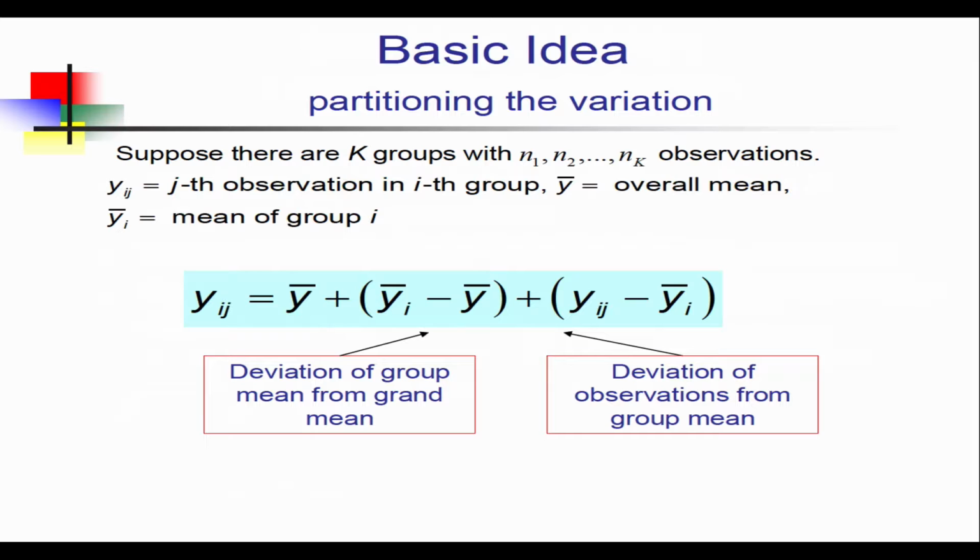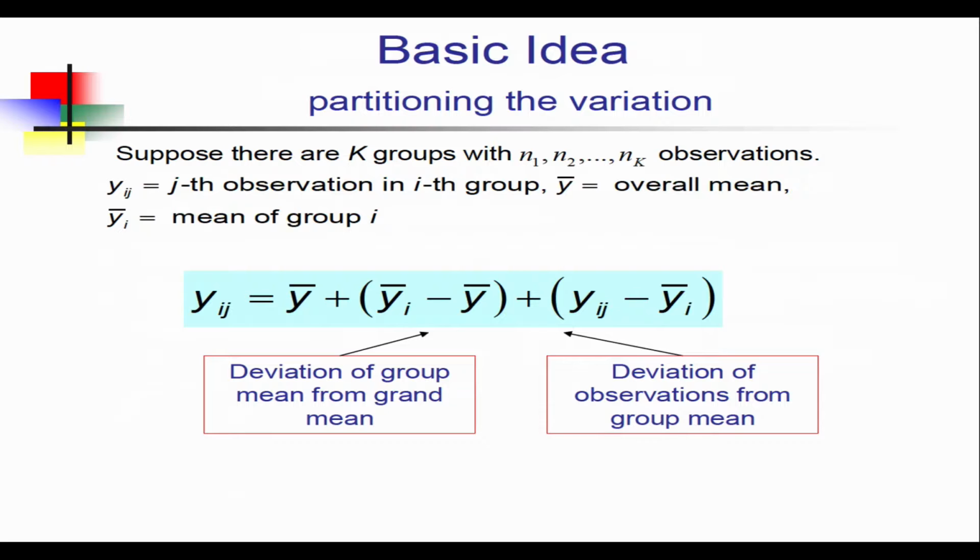Then, how to perform the ANOVA test? Here I just elaborate the basic idea. We first let Yij denote the jth observation for the ith group. I indexes which group it belongs to, and j indexes the observation within the ith group.